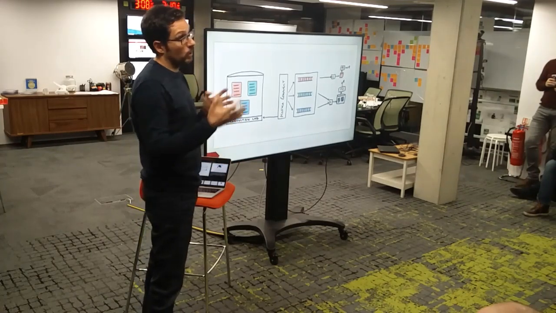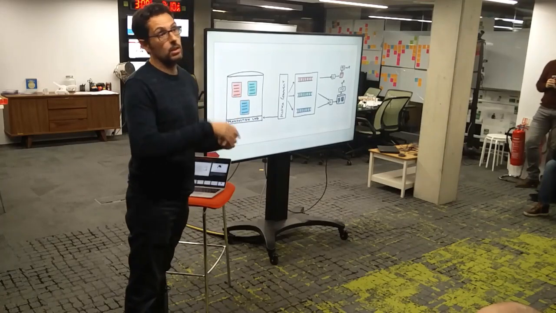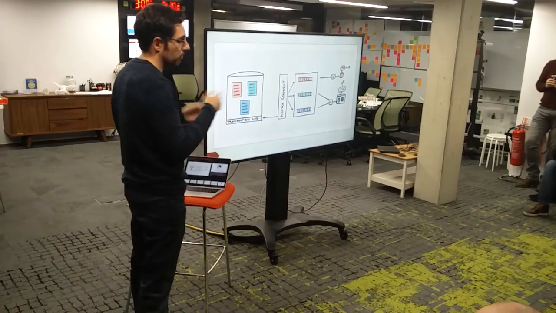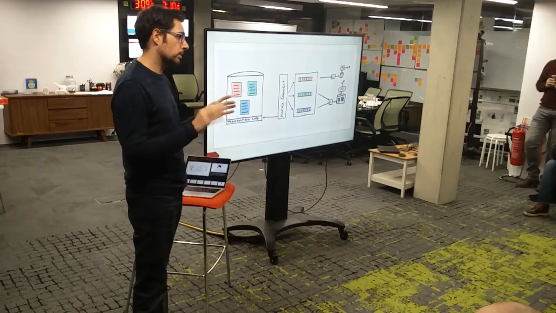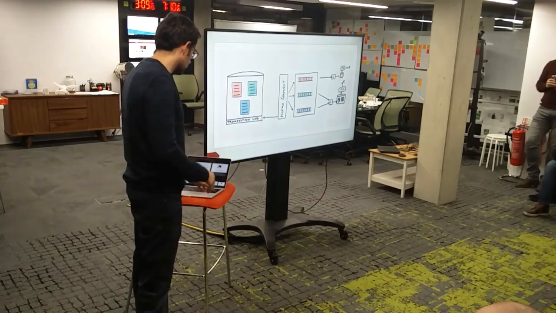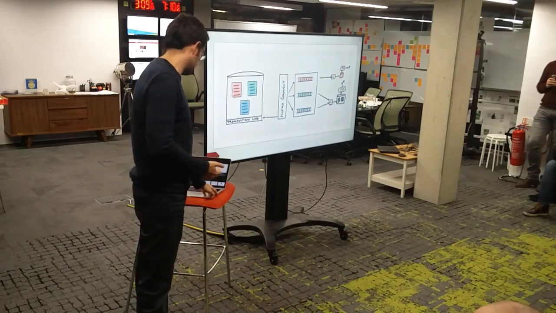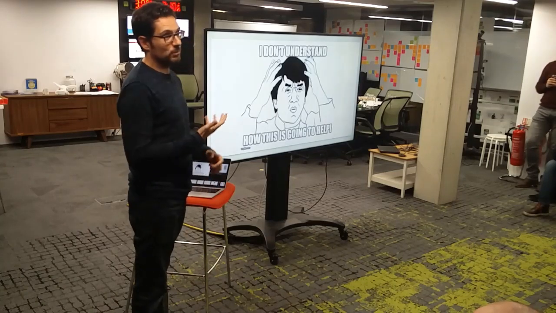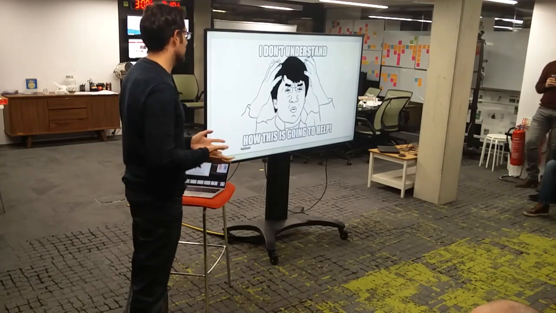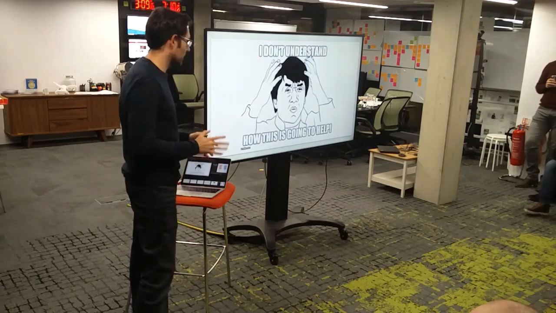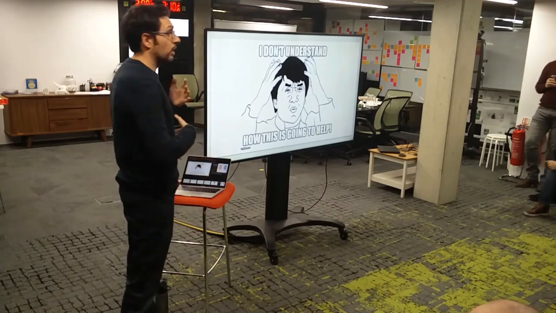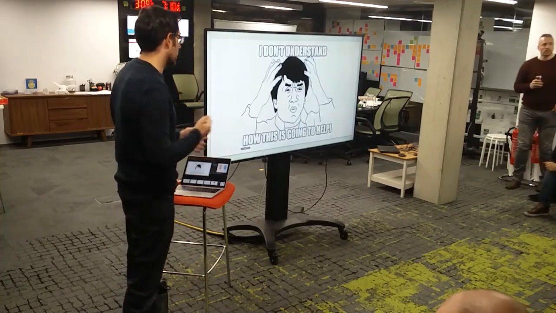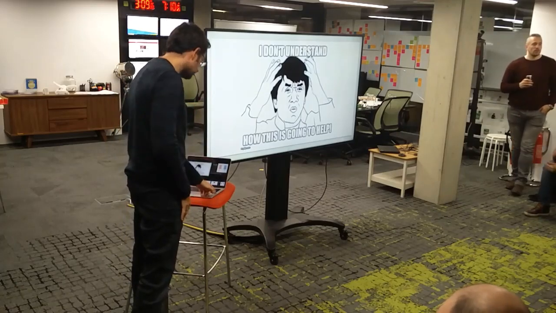From there on, you can insert that data into other microservices or compound them to create materialized views, different things. So by the faces that I have in front of me, I think that right now is pretty much how you feel. Slightly lost now. So let me put it step by step, so it's a little bit clearer.